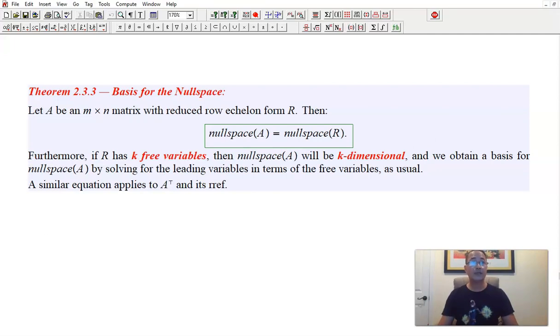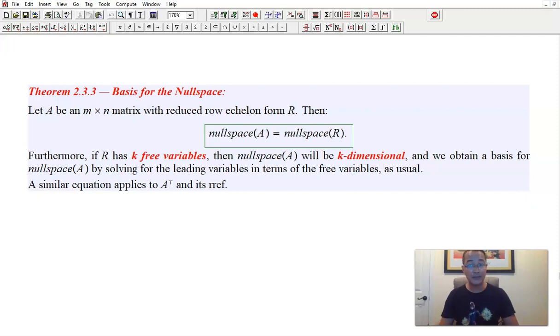So how about the null space? Well, we have been solving homogeneous systems of equations since section 1.6. So we follow the same recipe. You look for the REF, and then you solve for the leading variables in terms of the free variables.